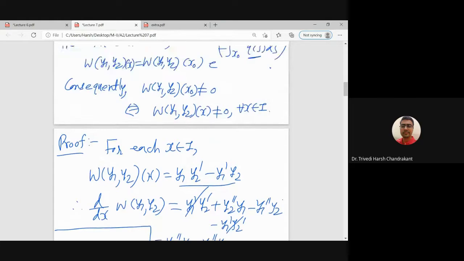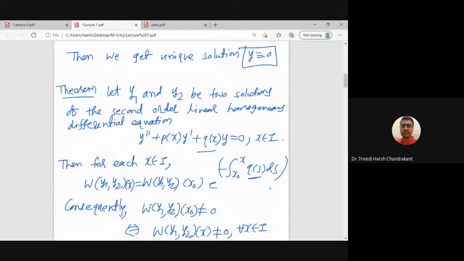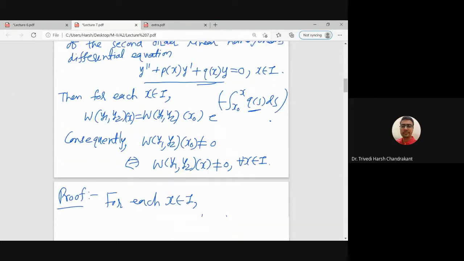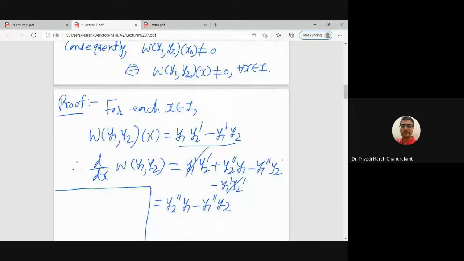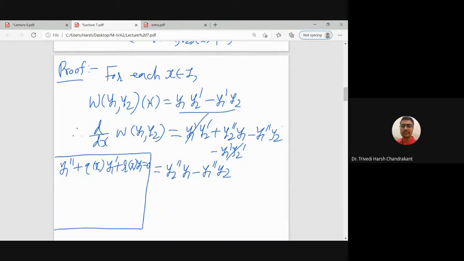Now we already know that y1 and y2 are solutions of this differential equation. So that means y1 double dash plus px y1 dash plus qx y1 is equal to 0, just substituting y1 in the equation instead of y. So what we get is y1 double dash plus qx y1 dash plus rx y1 is 0, because y1 is a solution of the differential equation.